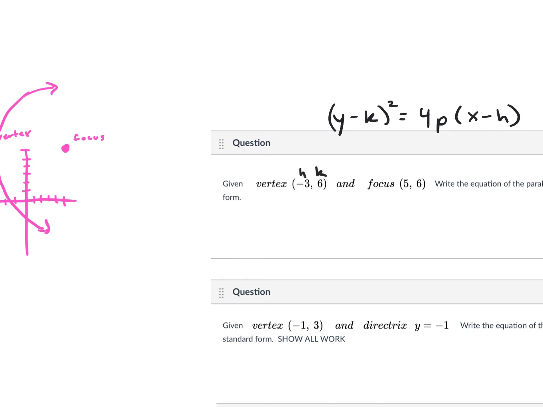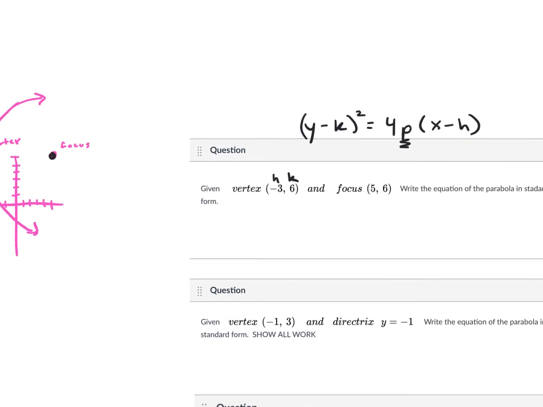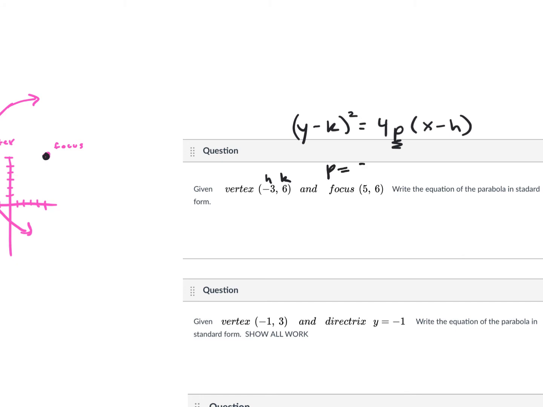Do we know what p is? 8. P is our distance from the vertex to the focus, so that's 8. So we can just plug that in. Y minus k, which is 6, squared is equal to 4p, so that would be 32, times x minus h, so x plus 3.